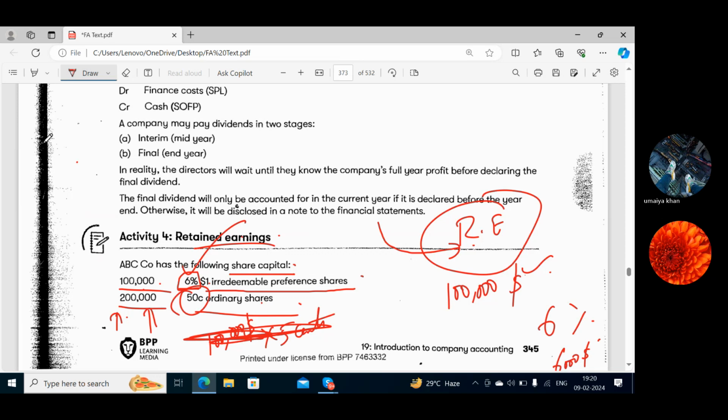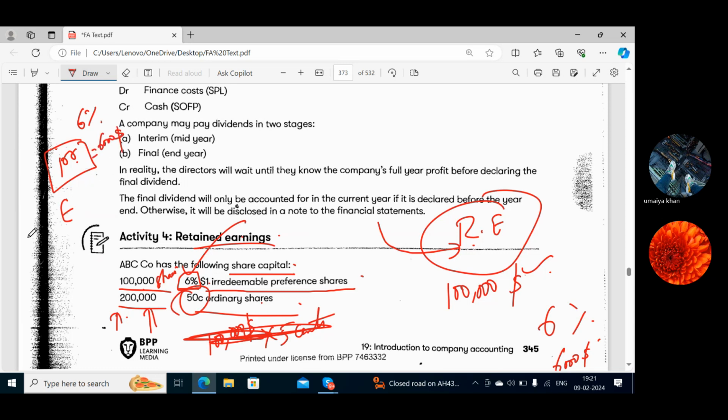Okay, so the difference between the irredeemable preference share and equity share as per this question is, in case of irredeemable preference share they gave the percentage, that is 6% dividends will be paid. Okay, so when percentage is given you have to find out the share capital amount. So here 100,000 shares into $1 is $100,000. Of that 6% it would be $6,000.